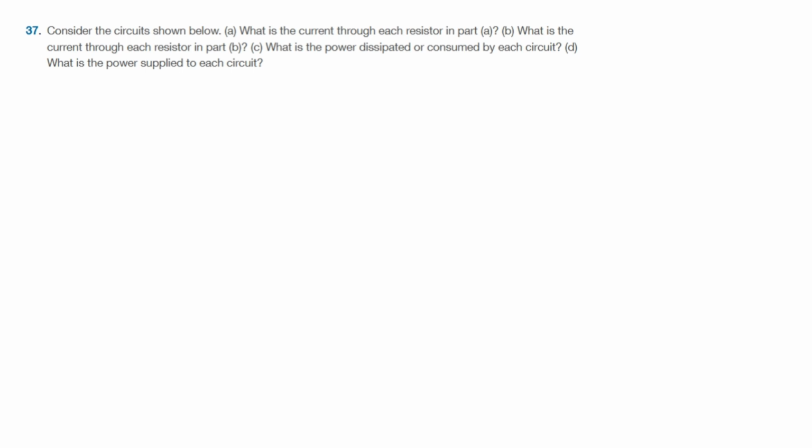The circuit, we have a battery here. Then there will be one junction here with one resistor that is R sub 1. And R sub 1 is 2 kilo ohms.